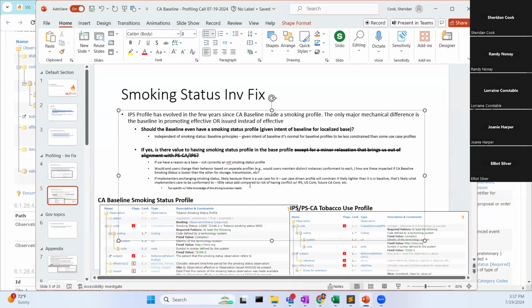Yeah, that's kind of where I was going. I don't know that we can meaningfully say that there is a universal Canadian approach to this. And so I think leaving it out of baseline makes sense.